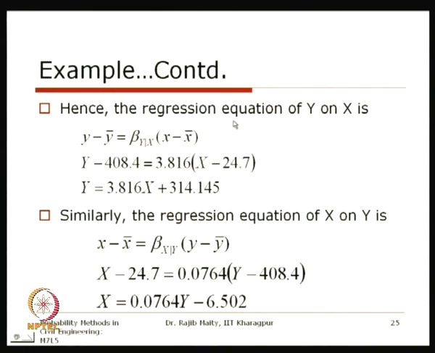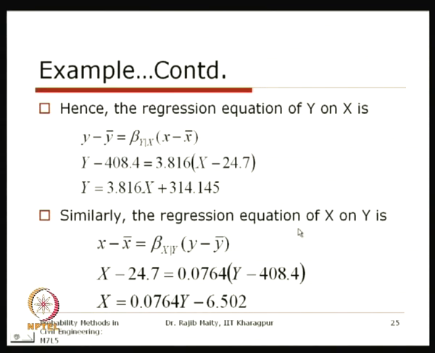So the regression equation for y on x will be y minus y bar equals beta y on x multiplied by x minus x bar, where the coefficient we estimated is 3.816. After rearranging, we get y equals 3.816 x plus 314.145. This is the regression equation for y on x.